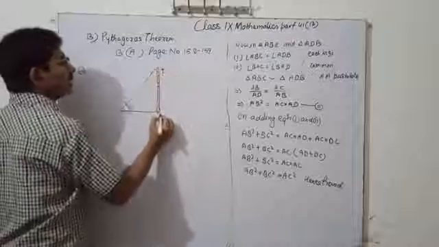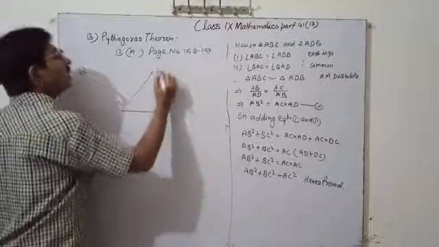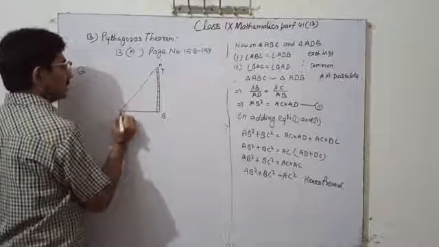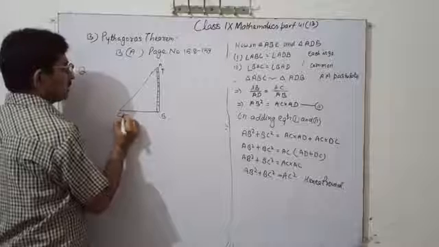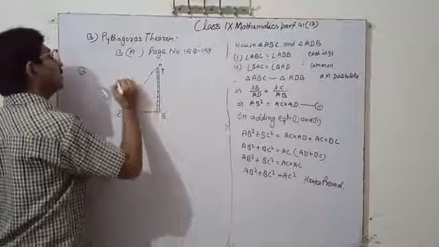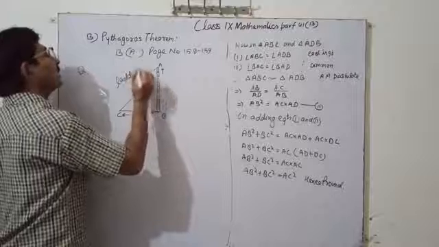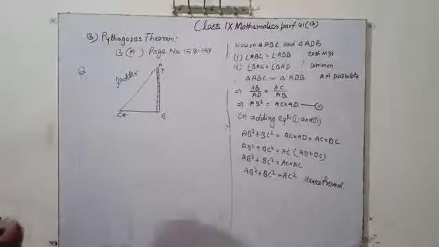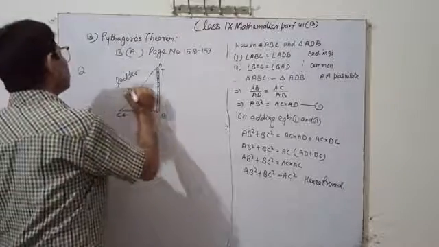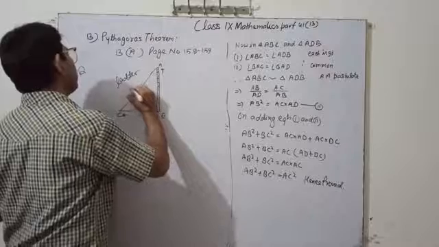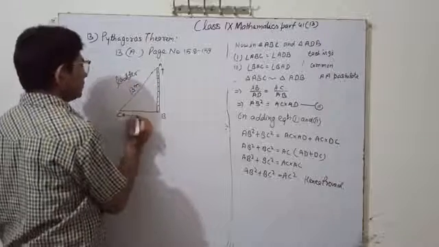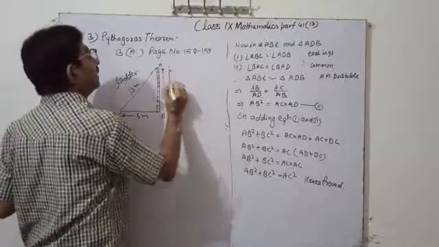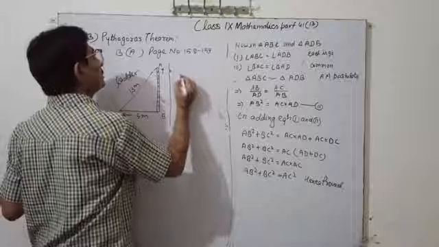This is A, B, and this is C. This is a ladder AC. Ladder AC equal to given 13 meter, and this BC given 5 meter. We require to calculate AB using Pythagoras theorem.